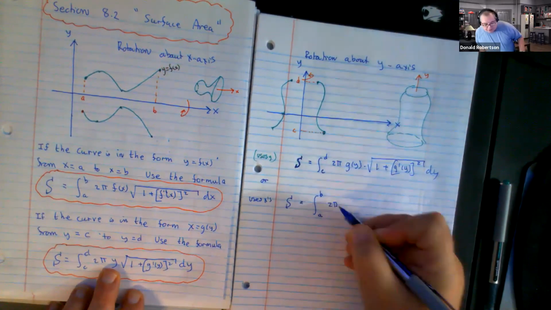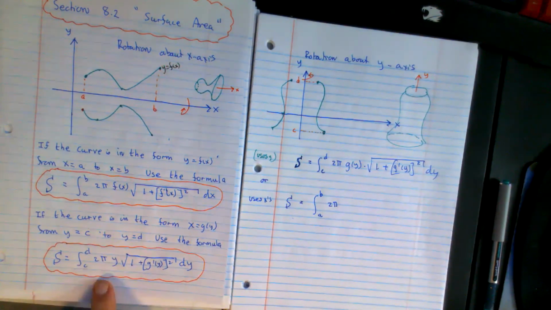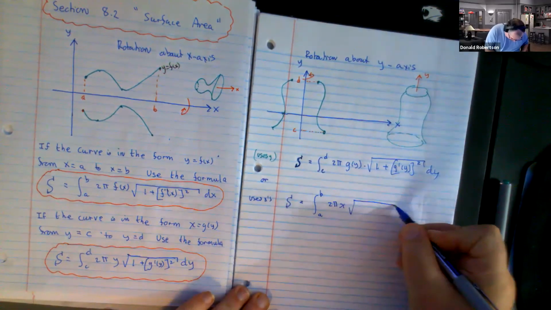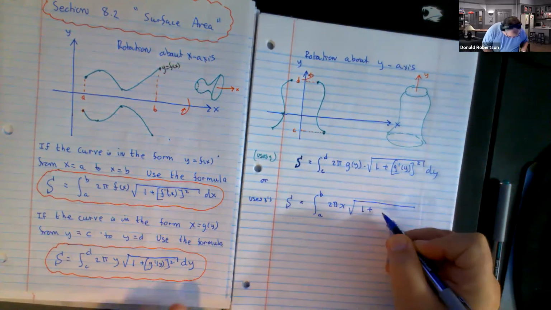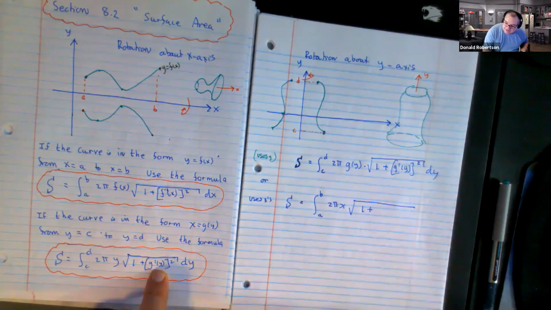What do you think the y turns into? Just x. Correct. Square root of 1 plus, what do you think g dashed y turns into? Think reverses, think opposites.